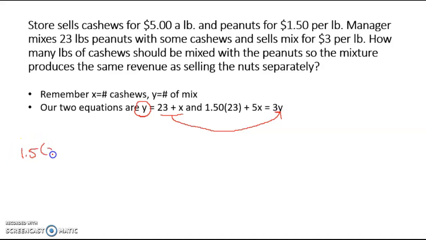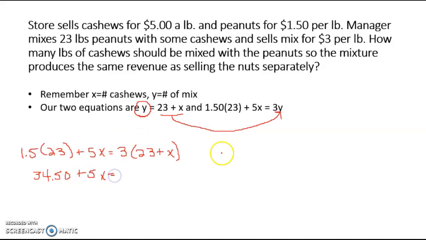$1.50 times 23 plus 5x equals 3 times (23 plus x). Now let's do the arithmetic. We have 1.5 times 23. That gives me 34.50 plus my 5x.